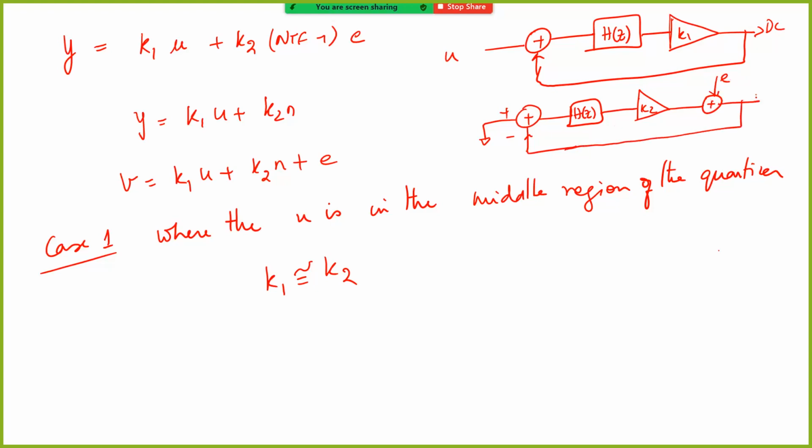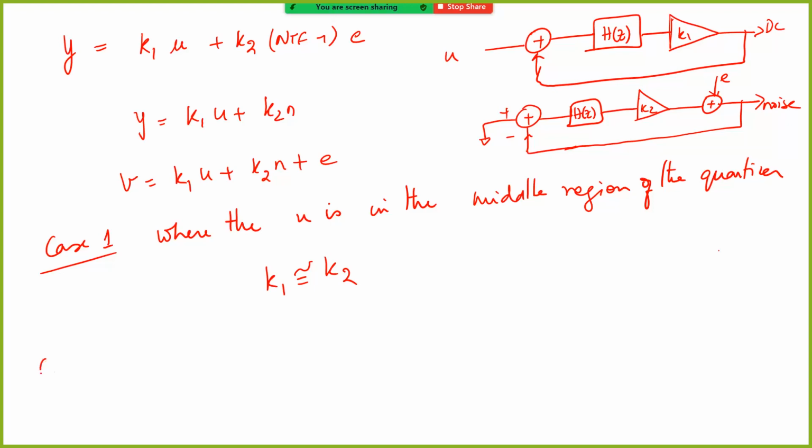This is your noise. Basically, this noise N is because of E, the previous samples of E. So this is the signal loop and this is the noise loop. When the input is in the middle range of the quantizer, K1 and K2 are pretty much the same.